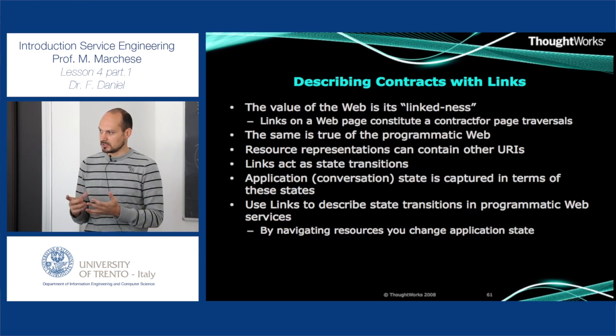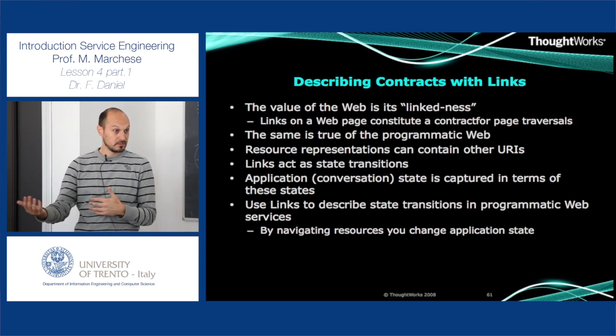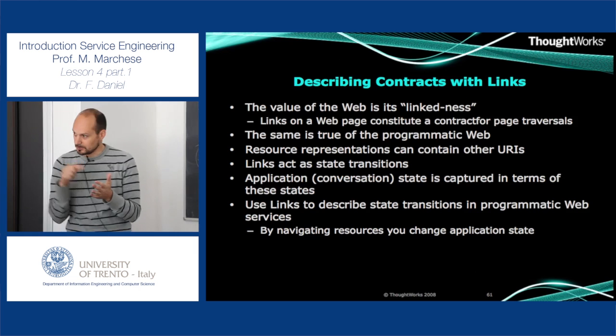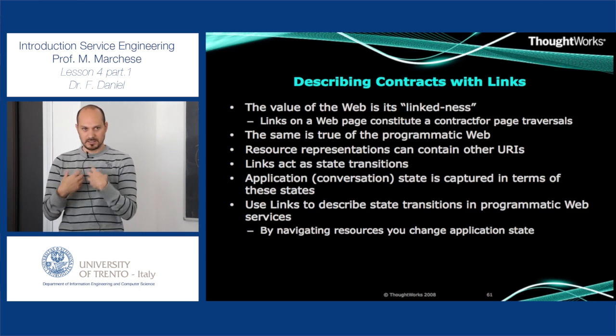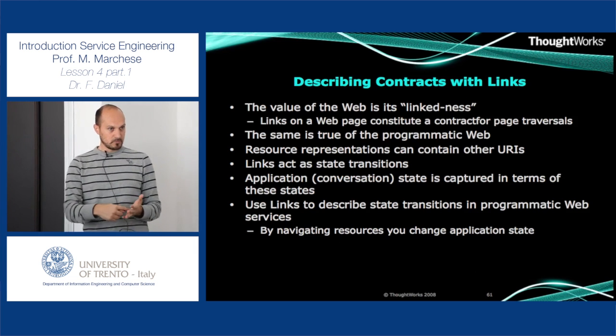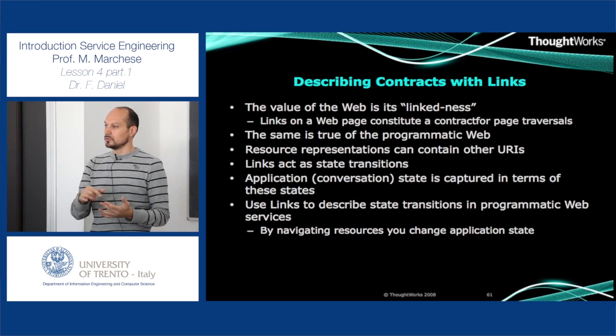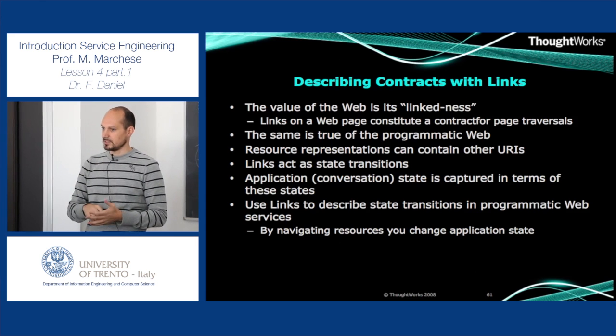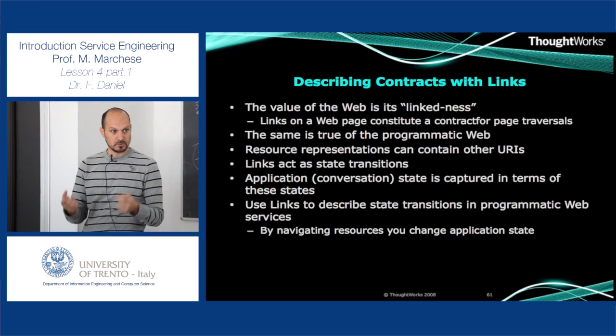It's just that a machine does not know this, cannot interpret this link as a link because there's no standard for your proprietary format telling anybody that this is a link. How do you do it? You write a documentation of your web service and you tell, look, this element here is a link. And then a programmer, of course, we are humans, we read the documentation, we understand, this link element in your own XML format means a link that can be navigated, so you can implement your own client that is able to do this.